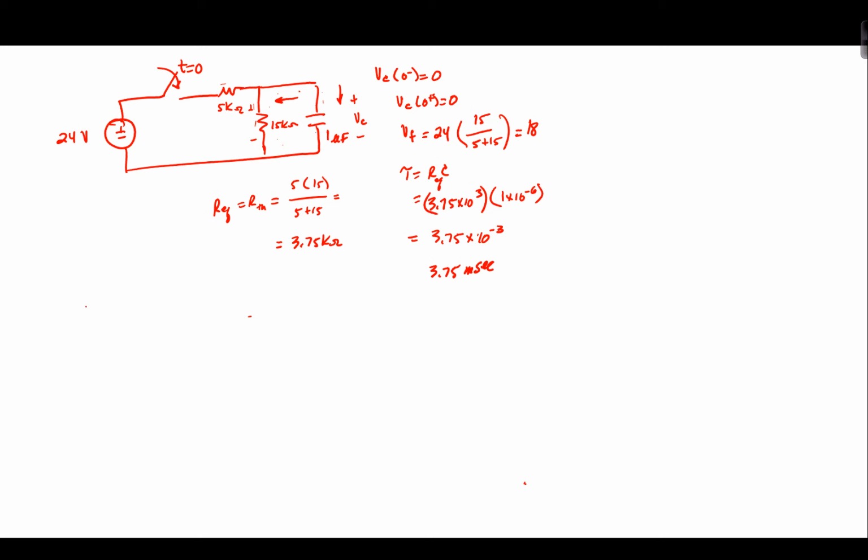Okay, and we know that the voltage across the capacitor as a function of time is equal to V final plus V initial minus V final, e to the minus t over tau. We simply plug in the values.